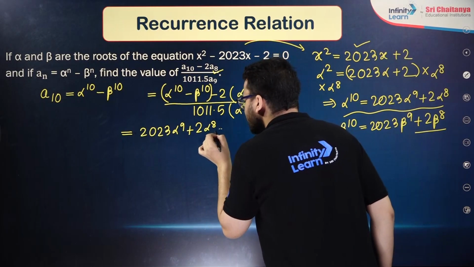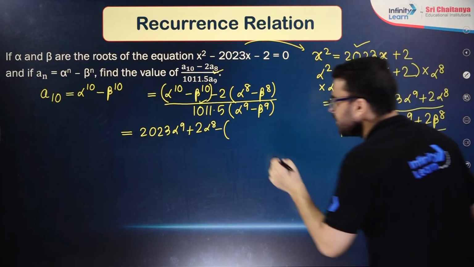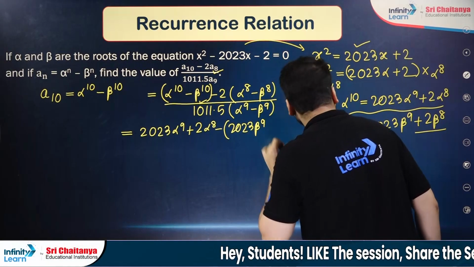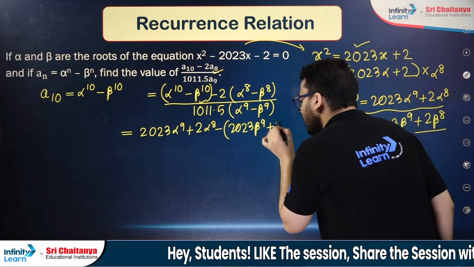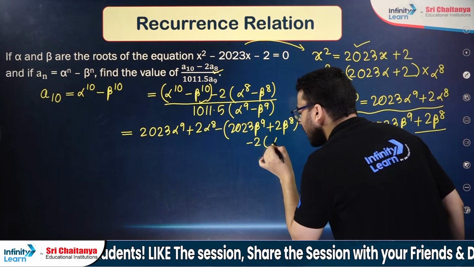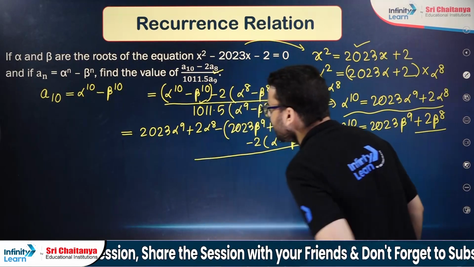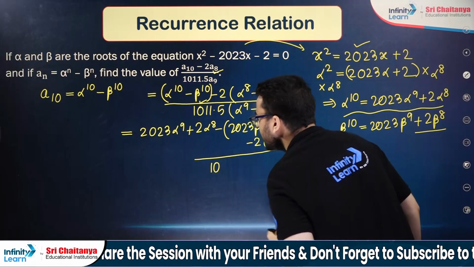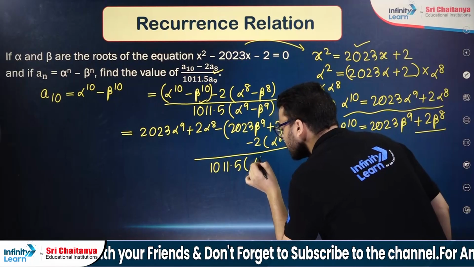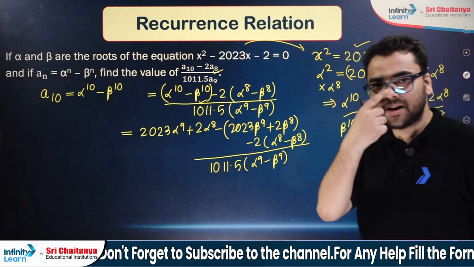Then minus beta raised to the power 10, which is 2023 beta raised to the power 9 plus 2 into beta raised to the power 8. And then minus 2 into alpha raised to the power 8 minus beta raised to the power 8. And in the denominator, you have 1011.5 multiplied by alpha raised to the power 9 minus beta raised to the power 9. I hope it's clear up till here, guys.